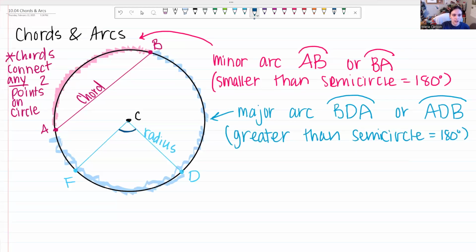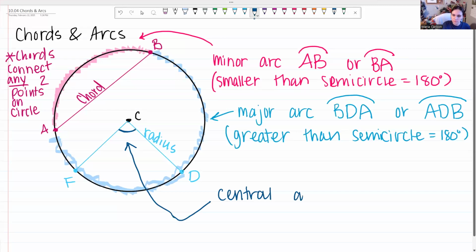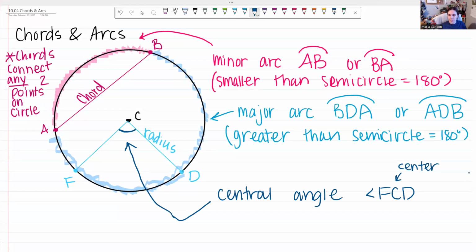So now I have this central angle here, FCD, or angle DCF, with the center of the circle as the middle letter, as the vertex of the angle.